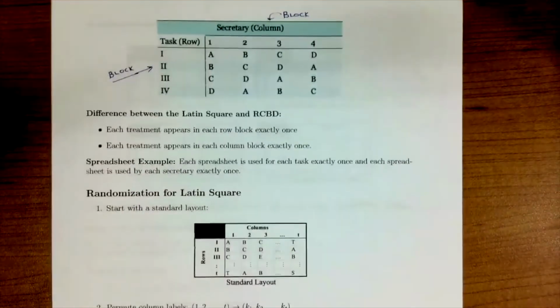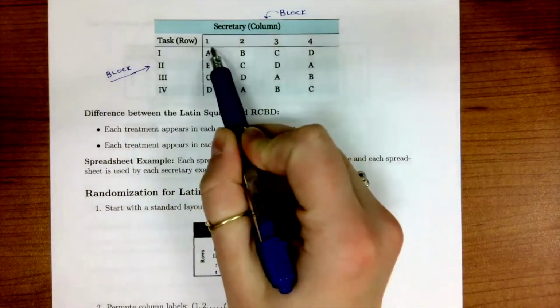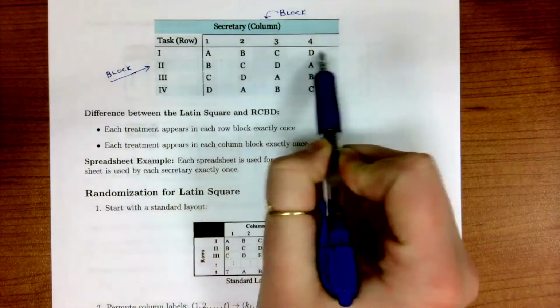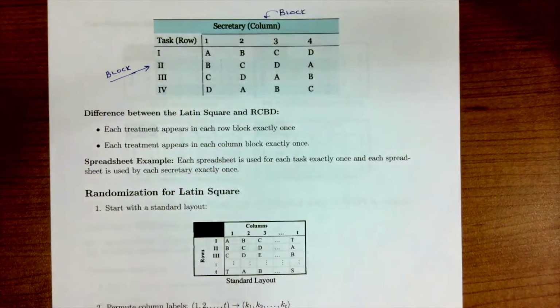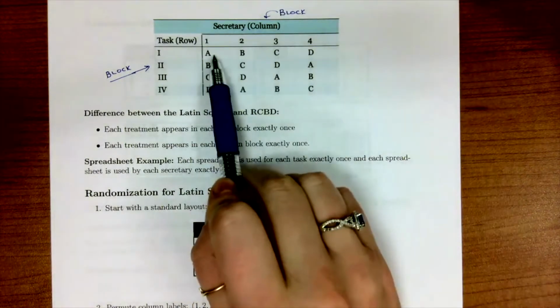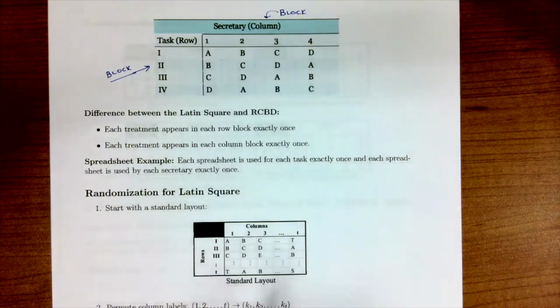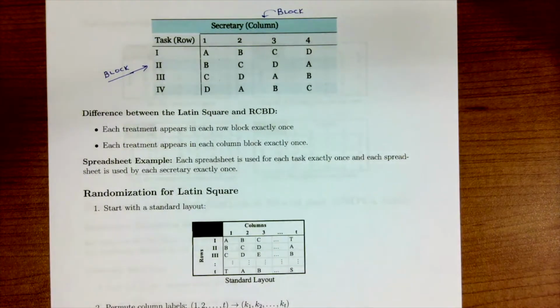So if we look here, we see A only appears once in this column and A appears only once in this row. The best way of thinking about a Latin square design is like a Sudoku problem, where this treatment can only be in this row and this column. And as you go through, you'll start to notice that. So for our spreadsheet example, each spreadsheet is used by one task and one secretary, which you see.